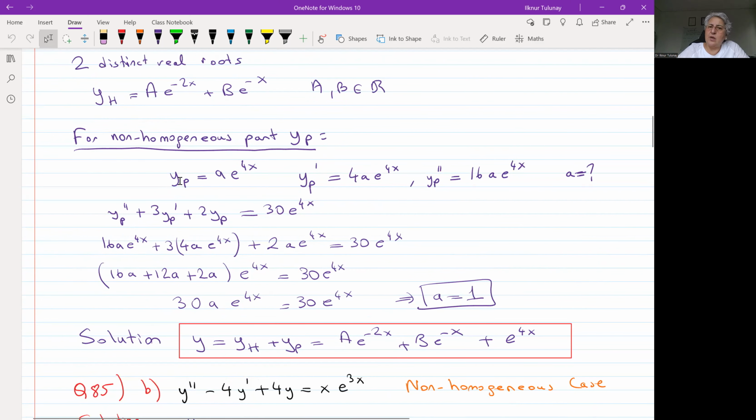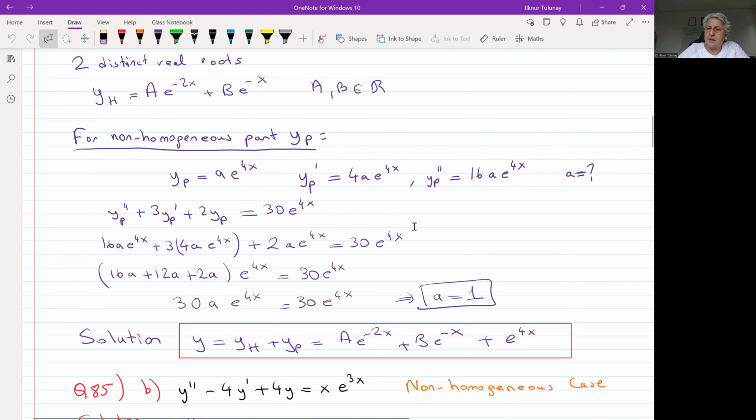So this was our guess function. The first derivative will be 4a e to the 4x, and the second derivative will be 16a e to the 4x. We want to find a. So this is our equation, and we substitute in these values: 16a e to the 4x, plus 3 times y prime, which is 4a e to the 4x, plus 2 times yp, which is a e to the 4x.